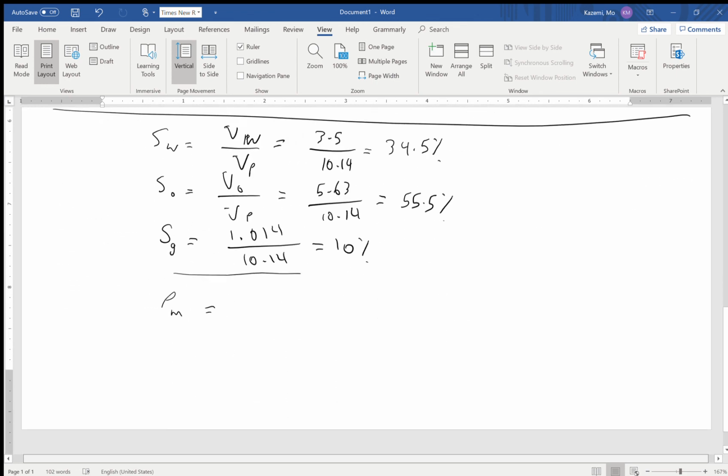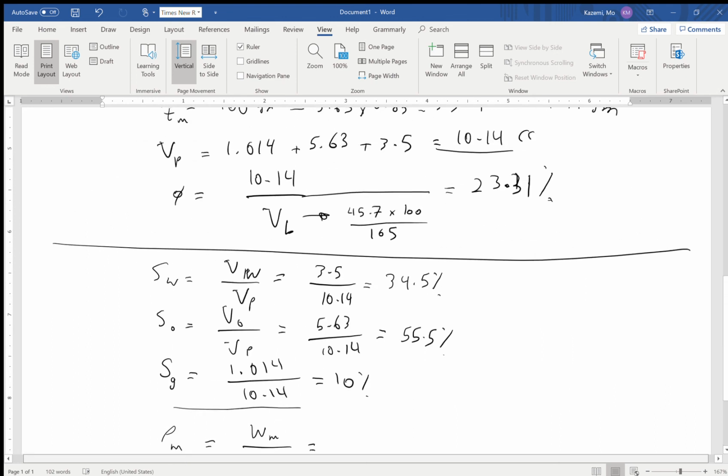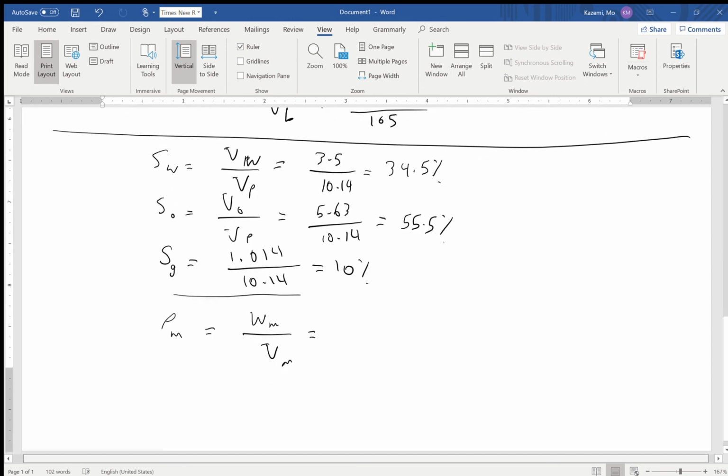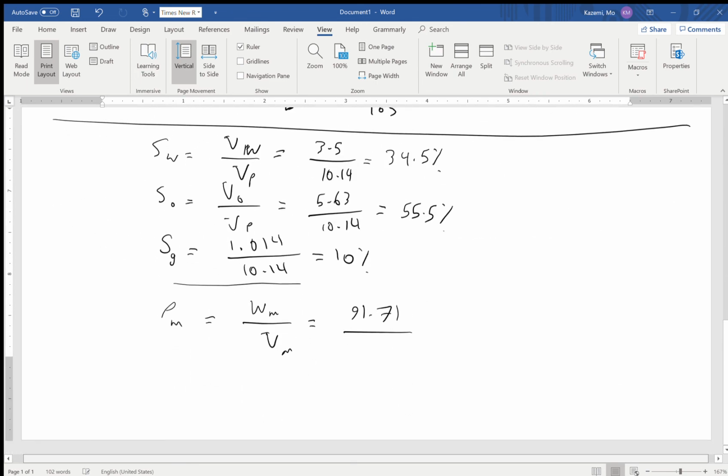So the density of the matrix is what? It is basically the mass of the matrix, or the weight of the matrix, either way you can write it, divided by the volume of the matrix. The mass or the weight we already calculated, 91.71. The volume we haven't calculated, but it's pretty simple. It's the bulk volume minus the pore volume.